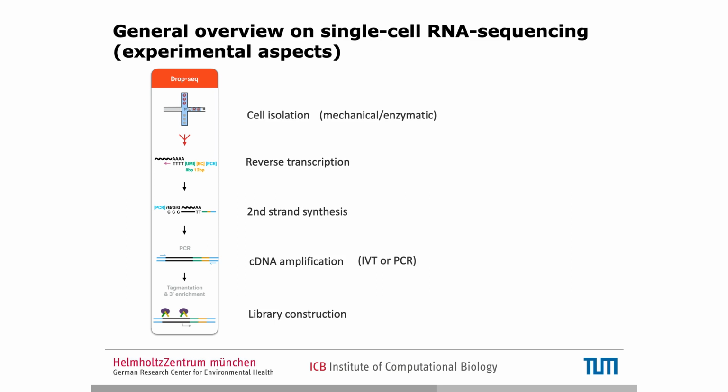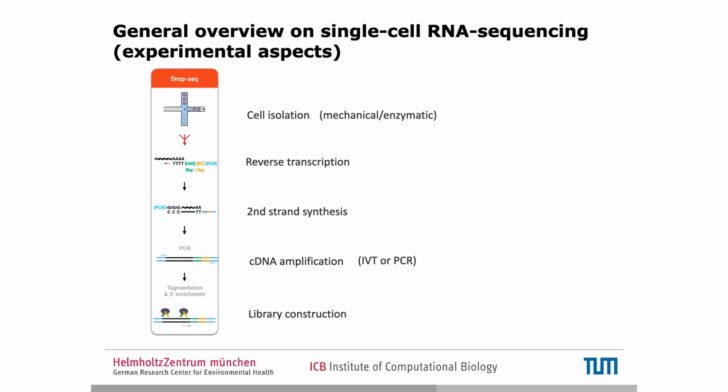Because in the amplification step you create hundreds and hundreds of copies of the same molecule, and only with the UMI can you in the end tell, if you have 10 copies of the same molecule, whether it was present in the cell originally during the reverse transcription, or whether it has been created during the PCR step. In the SmartSeq protocols, you can't tell apart the technical from the biological copies, and that's why you have much more noise in the data. So once you think of different protocols to work on, that's something you have to be reminded of.